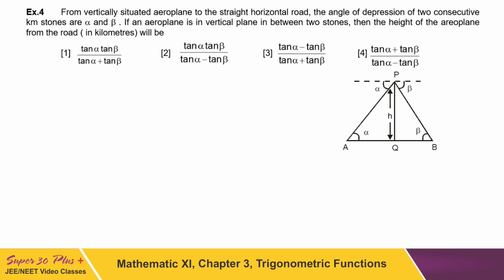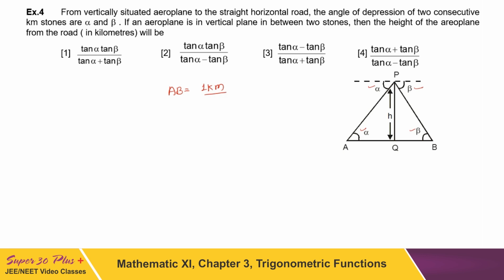These are the stones and the distance between the stones is 1 kilometer, means distance AB is 1 kilometer. And this is the position of the aeroplane and the angle of elevation is given. This is the angle of depression and you can see the angle of elevation. It is alpha, that's why it is also alpha. It is beta, that's why it is beta.